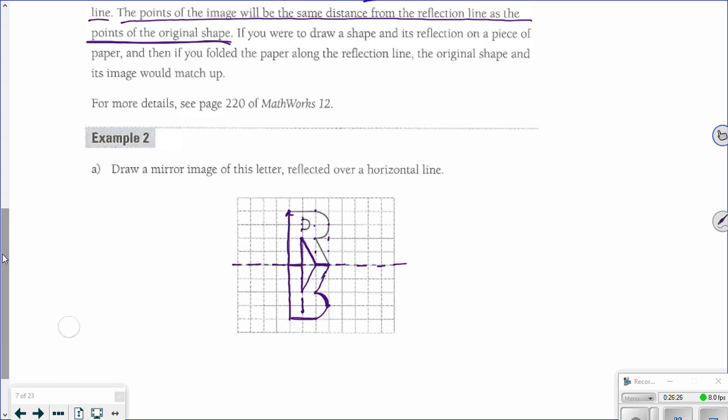So somewhere there, kind of there. Makes the same shape but upside down, or it should, if you're lucky. Okay, if I could fold my paper along this reflection line, they would exactly line up. That's the purpose of a mirror image or of a reflection.